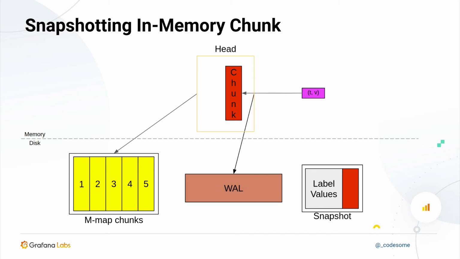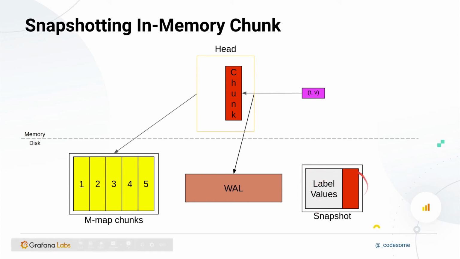So in this, whenever we are shutting down the Prometheus, we just flush this chunk which is being appended to the disk, along with its labels and values, which are part of the series. I'm not going into detail about the Prometheus, but label values are part of memory series.